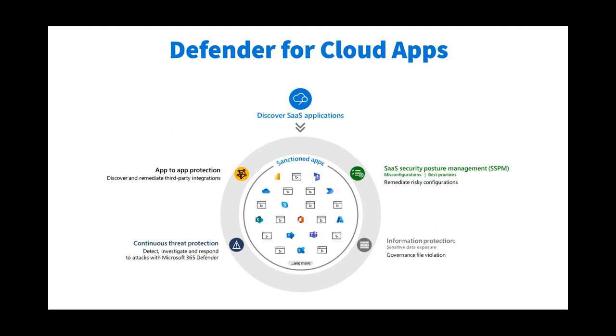Microsoft Defender for Cloud Apps delivers full protection for SaaS applications, helping you monitor and protect your cloud app data across the following feature areas. Fundamental Cloud Access Security Broker, CASB, functionality such as shadow IT discovery, visibility into cloud apps usage, protection against app-based threats from anywhere in the cloud, and information protection and compliance assessments. SaaS Security Posture Management, or SSPM, features, enabling security teams to improve the organization's security posture.